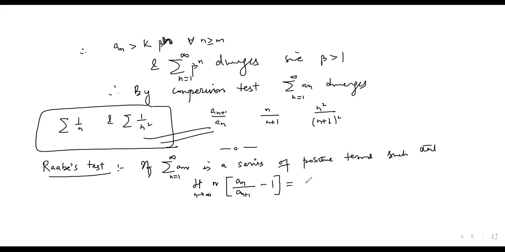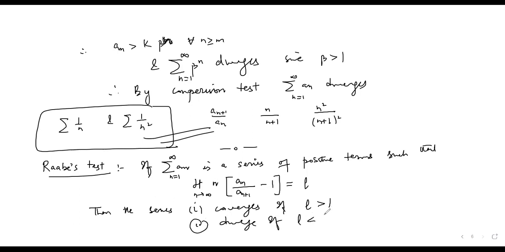Suppose this approaches a limit L. Then the series would converge if L is bigger than 1. It would diverge if L is less than 1.